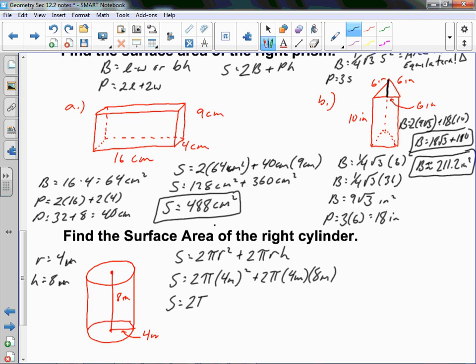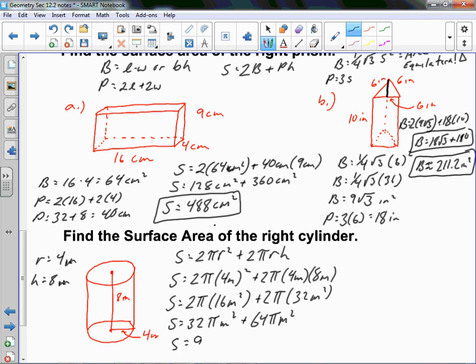That'll be 2 pi times 16 meters squared plus 2 pi times 32 meters squared. 2 times 16 is going to give us 32 pi meters squared. 32 times 2 is going to give us 64 pi meters squared.